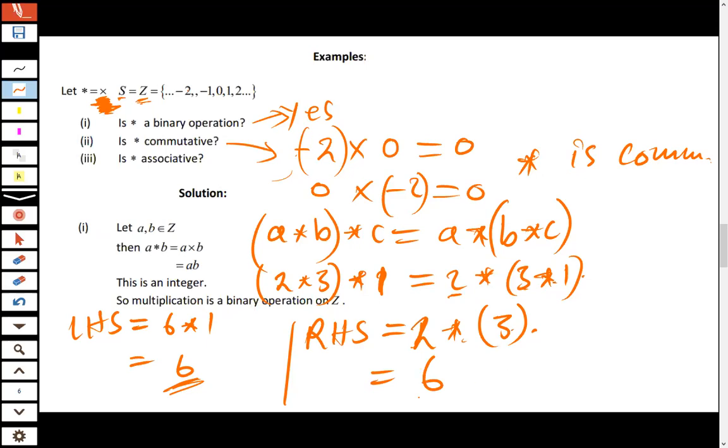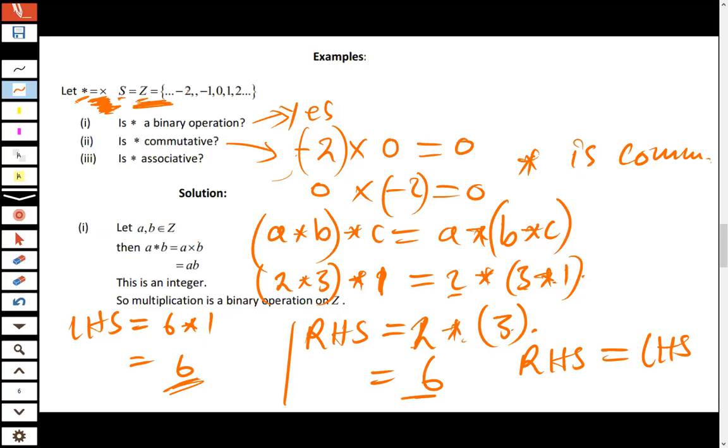Since the right-hand side is equal to the left-hand side, this implies that the given operation is associative on the set of integers. So this operation star is associative on the set of integers. That is what it means.